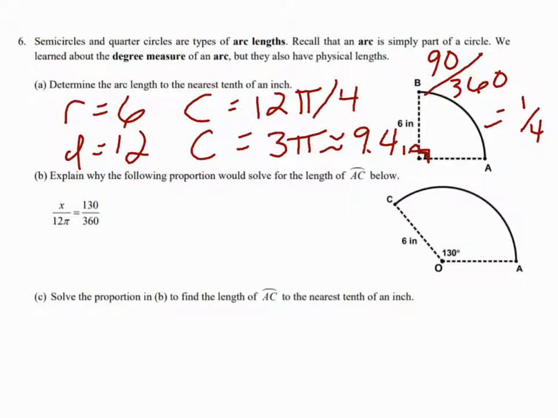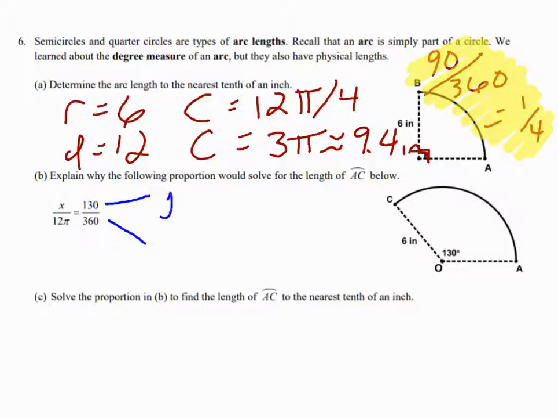Okay, explain why the following proportion would solve for the length of AC, 130 over 360. And it's kind of what I brought up right up here. Let me highlight this. It comes down to this, and it's basically setting up a proportion or a ratio comparing the angle given to you from the total.